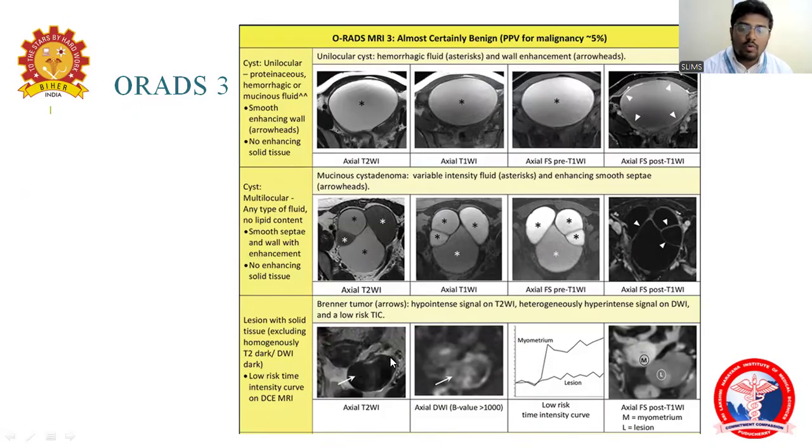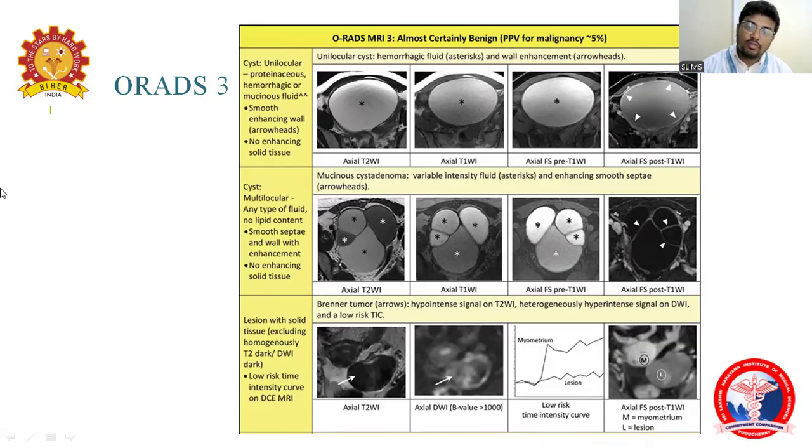The third one is the O-RADS category 3 type of lesion, which is almost certainly benign, with a positive predictive value for malignancy of around 5%. Here there will be three categories of lesion. First is the unilocular lesion with proteinaceous, hemorrhagic or mucinous type of fluid. Smooth wall enhancement can be there, but there should not be any internal enhancing solid tissue.